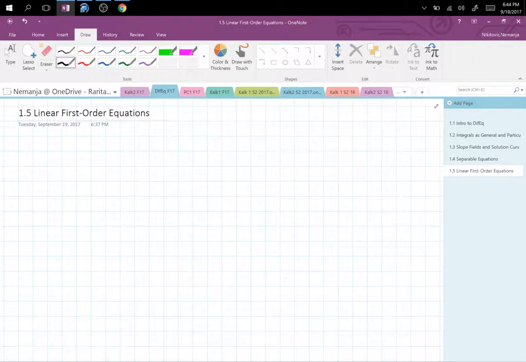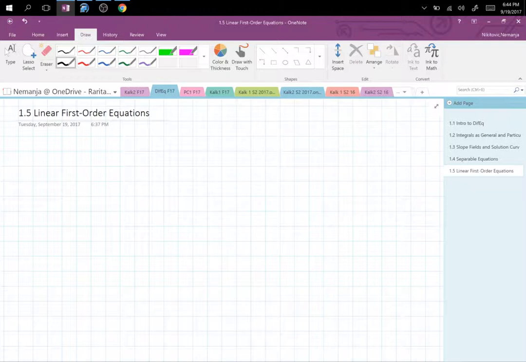Hello and welcome back to Differential Equations, section 1.5, linear first order equations. Linear, we said, means no square on the derivative. It's not sine of y prime, stuff like that, right? So it's linear. First order means only the first derivative.